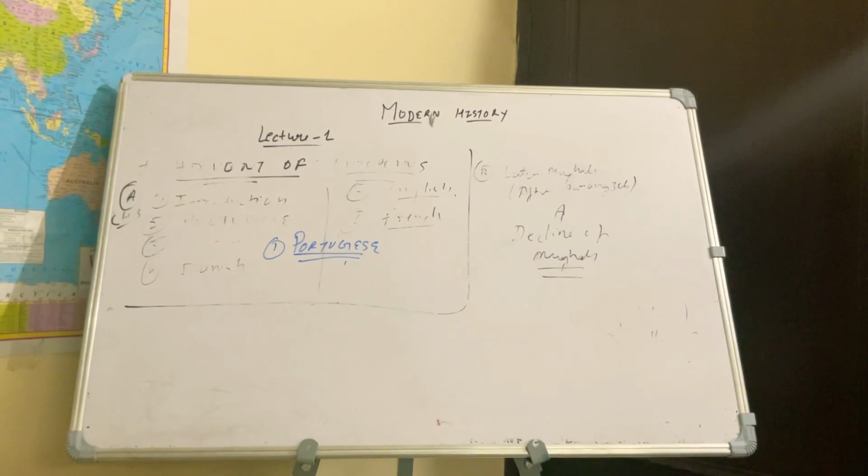After this you can write, under Portuguese only. And the third point you can write, Prince Henry, also known as the Navigator, from 1398 to 1460.